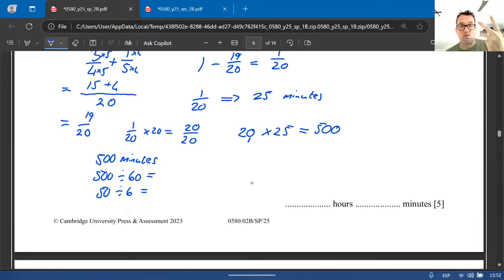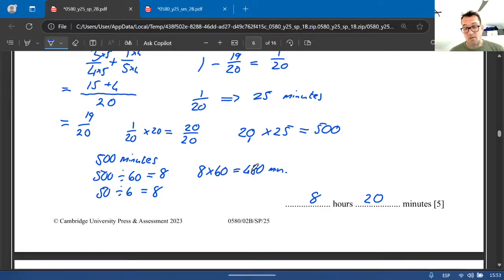6, 12, 18, 24, 30, 36, 42, 48. 8 hours. 8 hours is what he spends. So we got up to 48, or rather 8 times 60 is 480 minutes, but we need 500, so that is 20 minutes more we need.